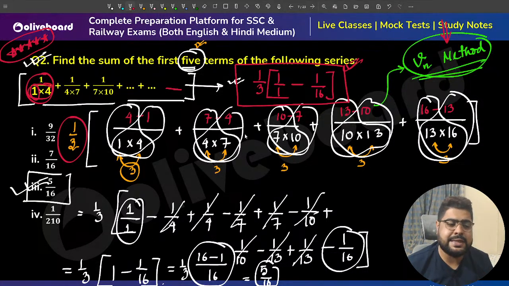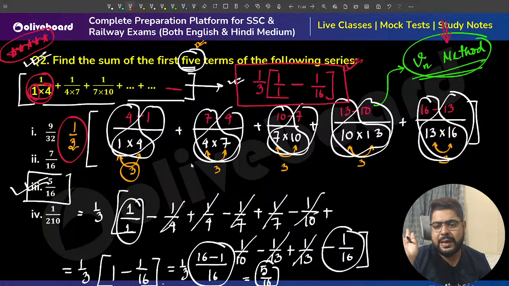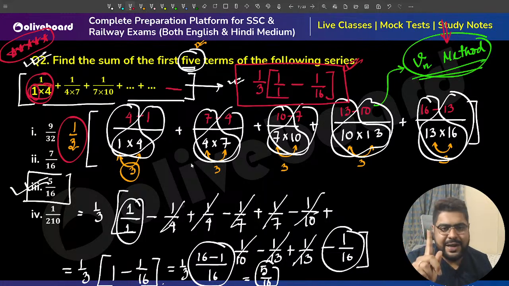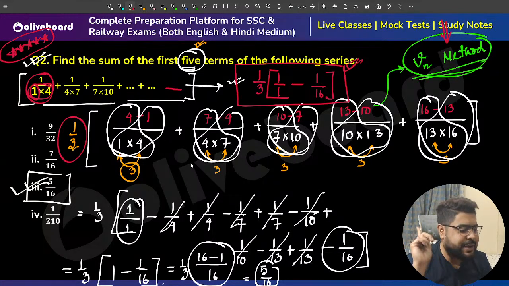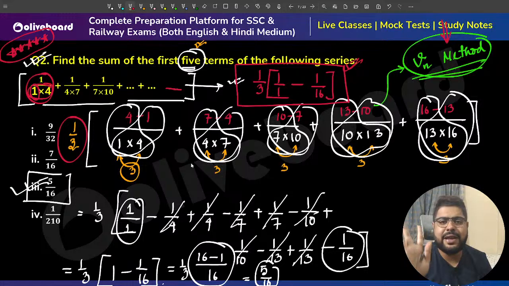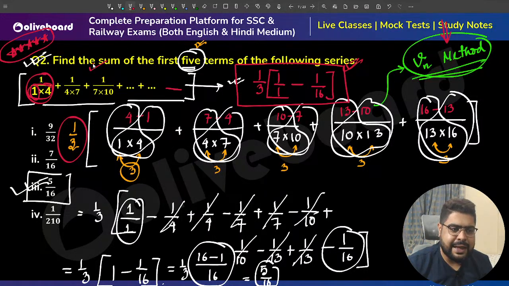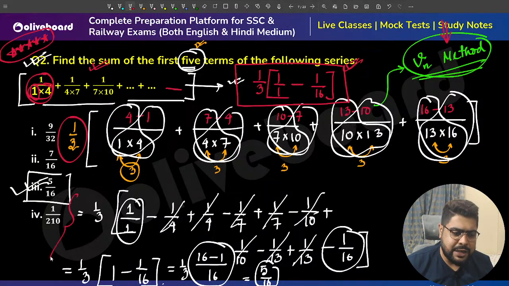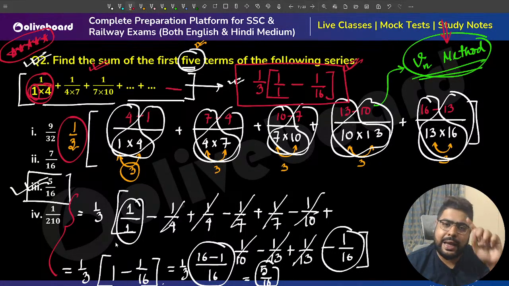Even if here you have 3 multiplications, the same thing will happen, but there you need to take 2 at a time. Okay, we will solve those questions also. Everybody got my point? Is this clear, everyone? I've given you a very clear-cut short trick here. This is not a very easy question, still I've given you the proper way of solving and how to think in a short manner.